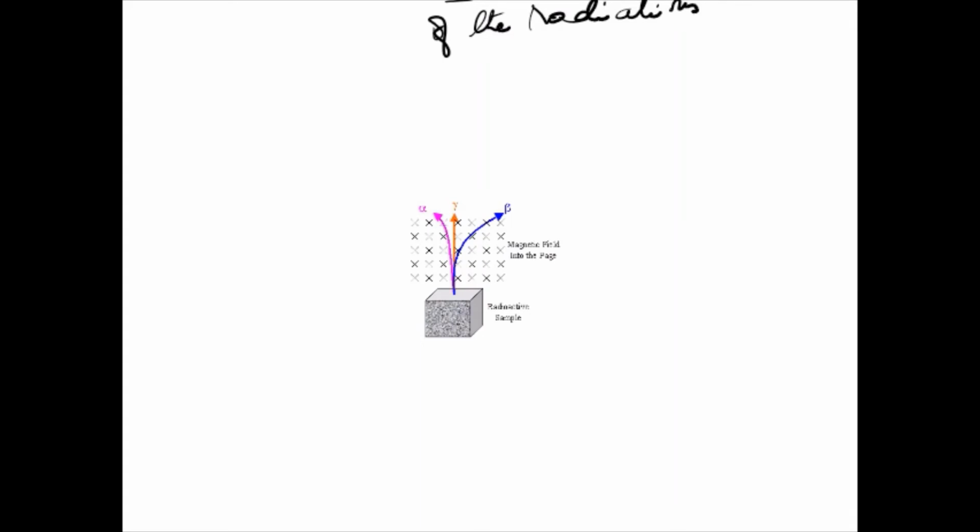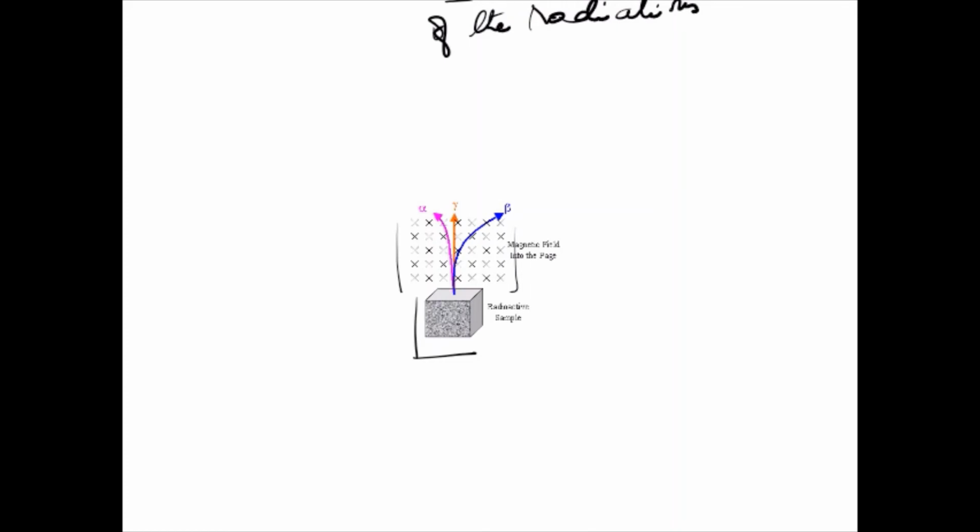See, this is the radioactive sample. From this sample these radiations are coming out, and then this is the magnetic field applied perpendicular to the direction of the radiations. He found that these radiations got deflected in three directions.